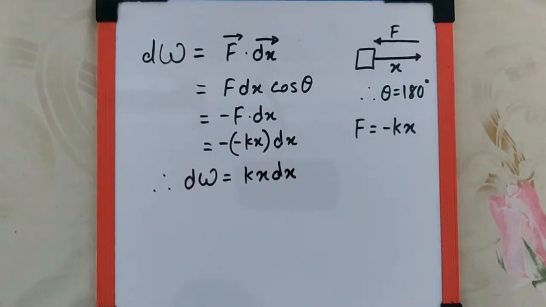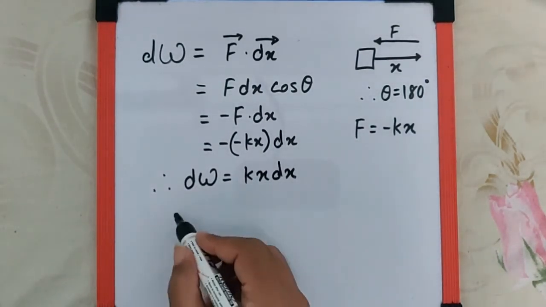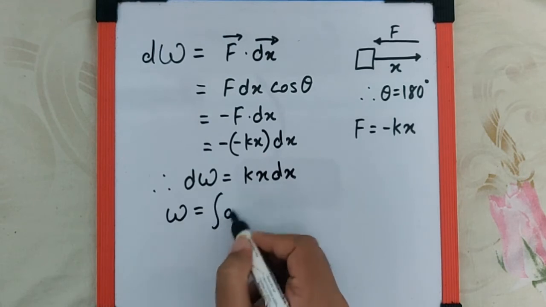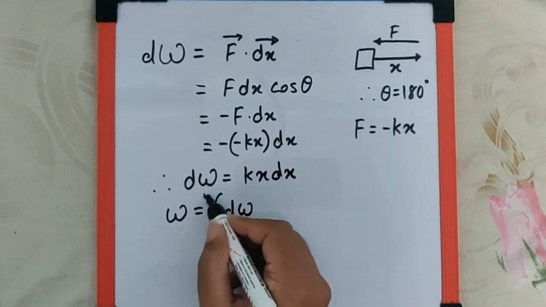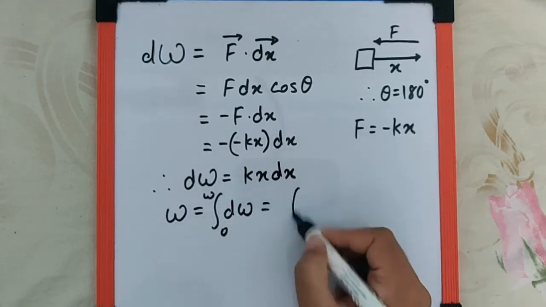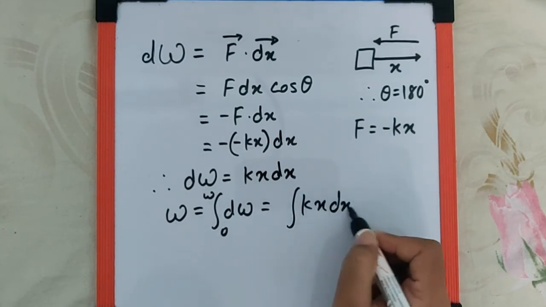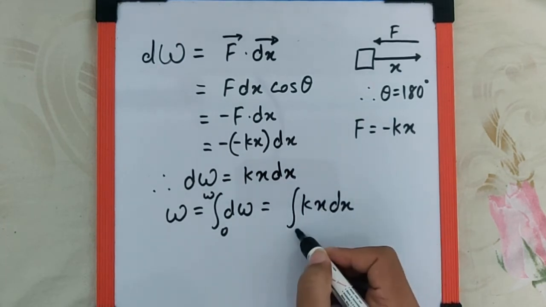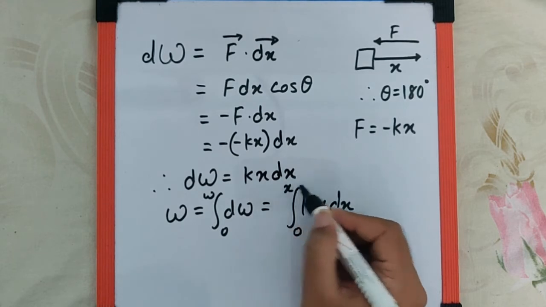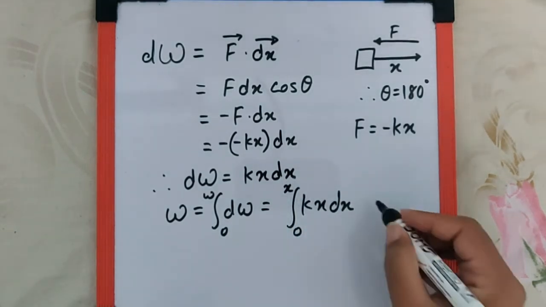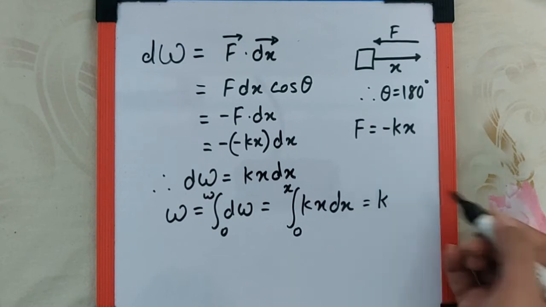Now to find the expression of the total work done, we have to integrate dW, which is nothing but integration of kx dx, where the position of the particle starts from mean position to a given position x, for which k is a constant and goes out.